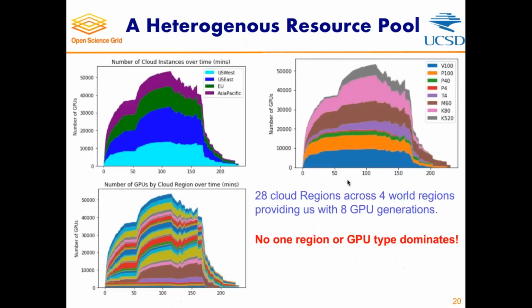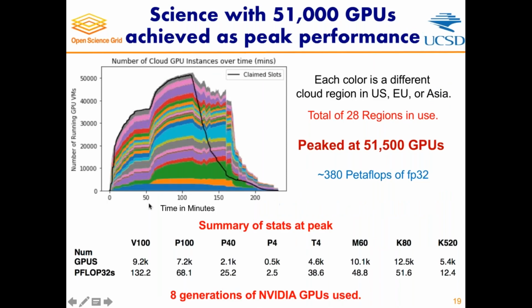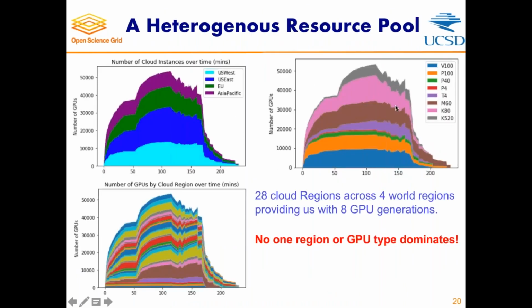Let me go through and show you a little bit. I should probably say that all of these plots have an x-axis of minutes and a y-axis of number of GPUs, basically the number of running GPU VMs. Here we slice the same graph up in different kinds of diversities.